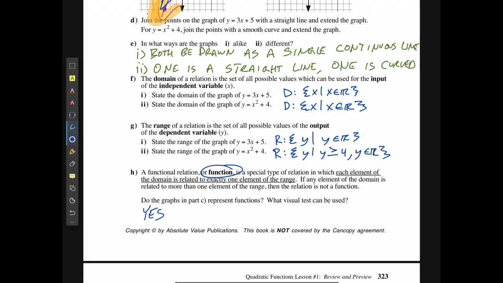What visual test can I use to test this? We call it the vertical line test.